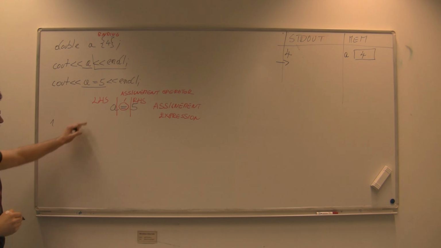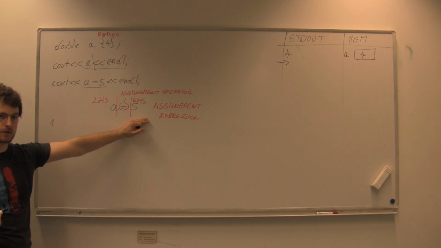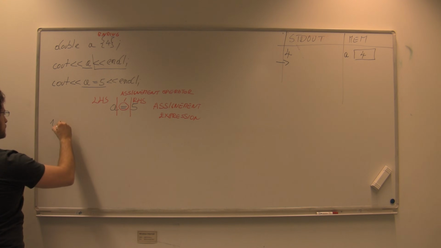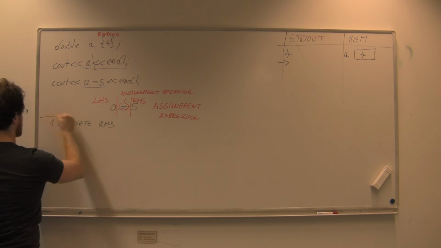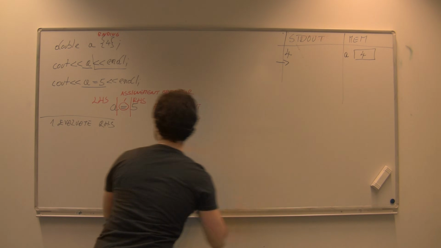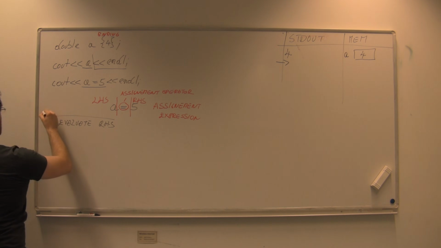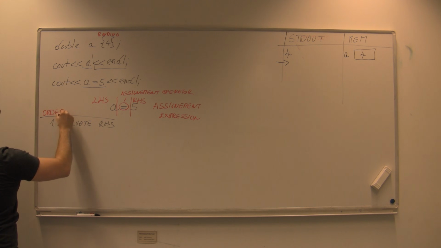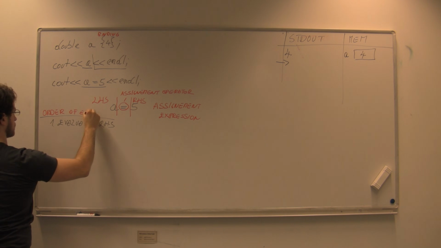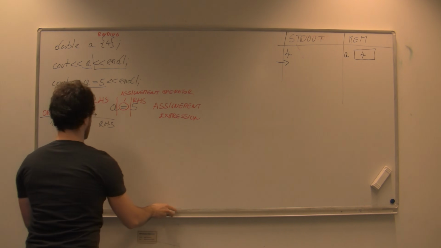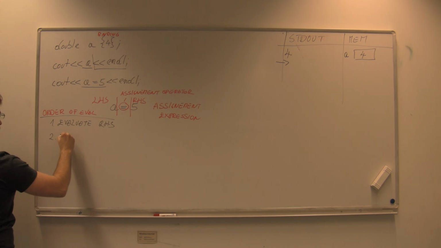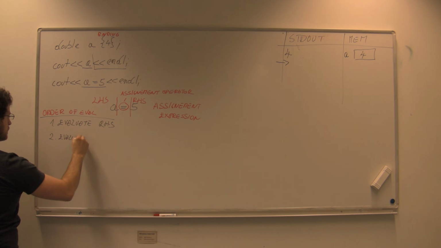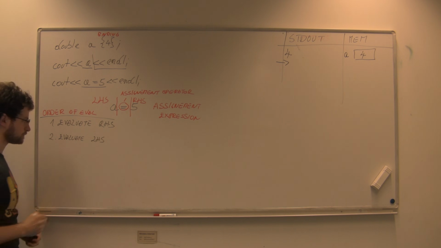The first step in evaluating an assignment expression is to evaluate the right hand side. Let's call this the order of evaluation. Once we've evaluated the right hand side, we evaluate the left hand side.